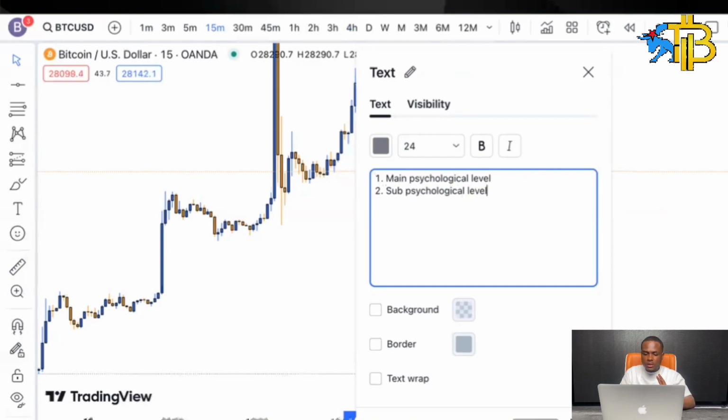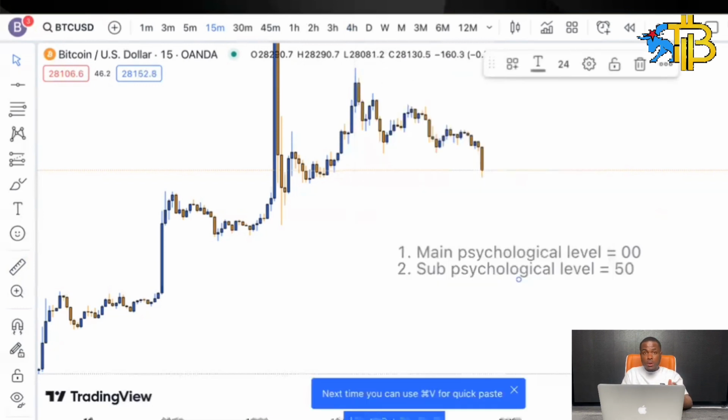So these are the two types of psychological levels. The main one ends at 0, 0, and the sub one ends at 5, 0.